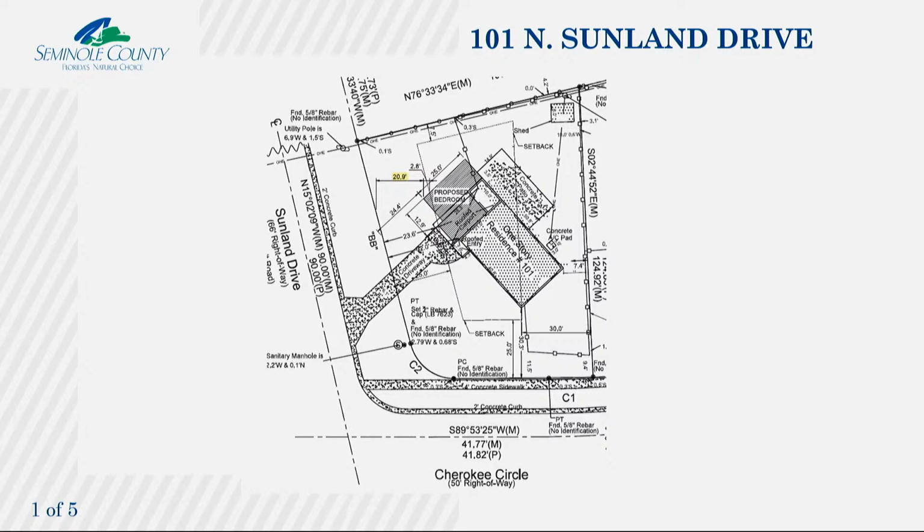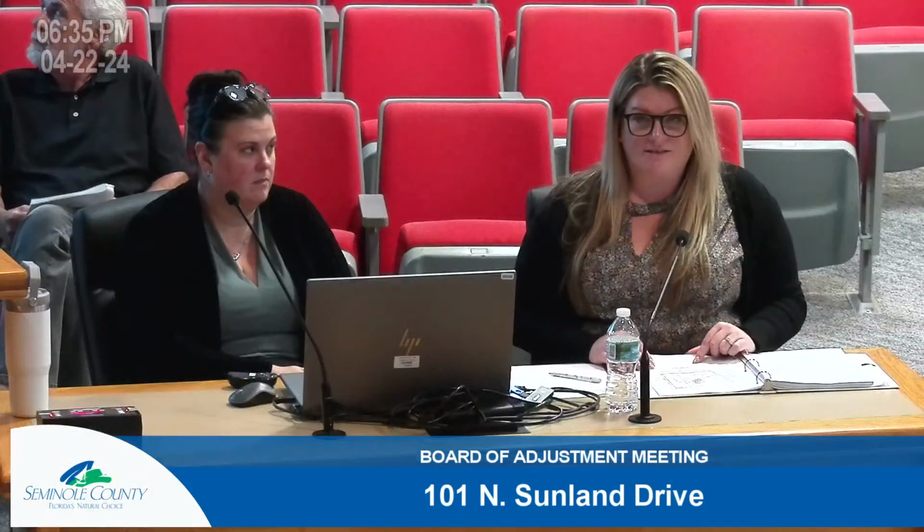From the closest point of the building to the closest property line. Based on what direction? The closest line is going to be perpendicular. And that 20.9 is not showing perpendicular to that line, so I was just trying to figure out where the dimension came from. That's the measurement that was provided, so I went with it.